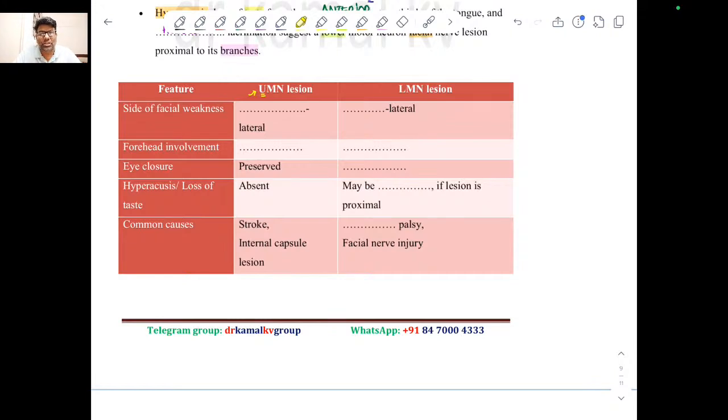Same side or opposite side? I think you can answer this. It's not that difficult.